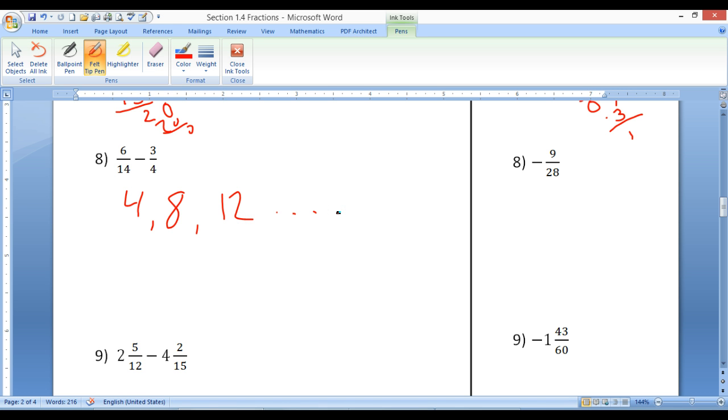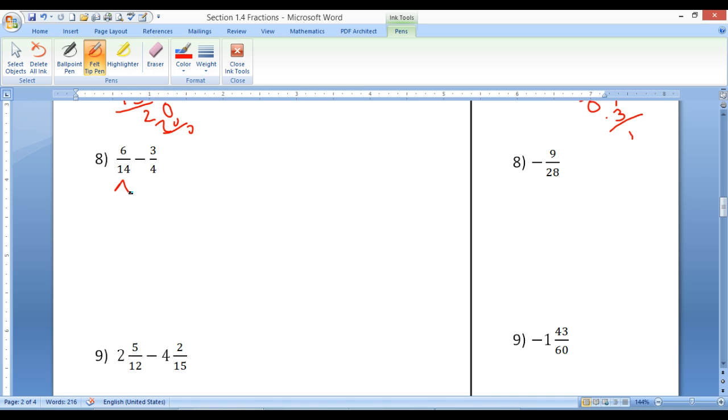Or you could just multiply them together and get the common denominator. If you do that, you must make sure that you simplify at the end. Let's go ahead, and I will tell you right now, after using your method, whichever way, I'm going to go ahead and do my way.